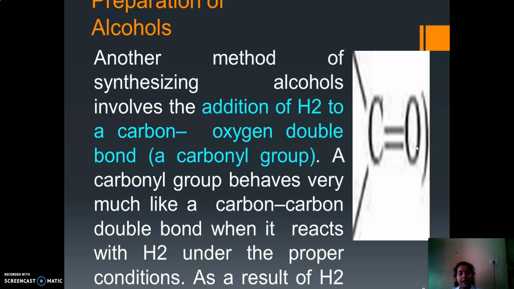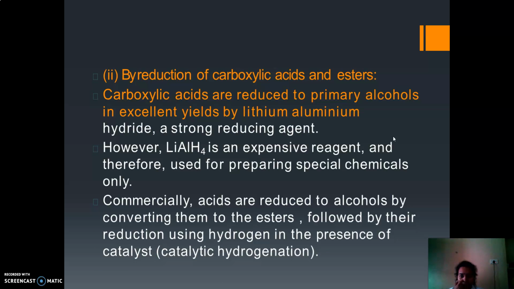If we add H2, that is the addition of hydrogen, so it is a hydrogenation reaction. What will happen in the addition of hydrogen? This bond will break, that we can see. The addition of hydrogen is also known as a reduction reaction.